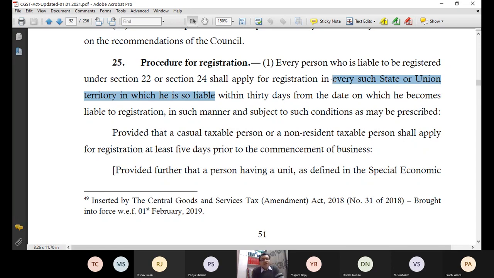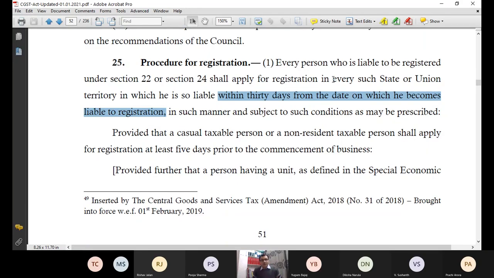Then in how many days should I register? The act says, in the same section, within 30 days from the date on which he becomes liable to registration. So subsection 1 tells me two things: that I need to apply for registration in every state or UT, and that I need to apply within 30 days from the date on which I become liable to register.